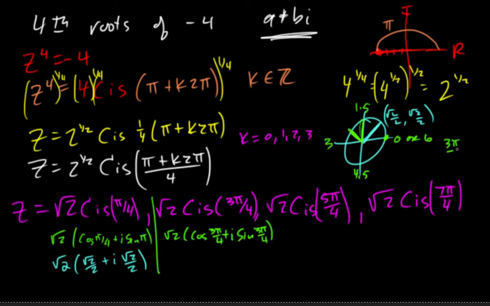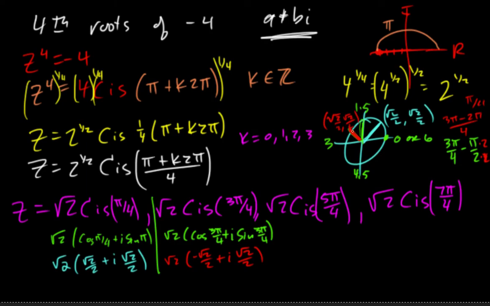So 3 pi fourths minus pi halves, times by 2 times by 2. So 3 pi minus 2 pi over 4, so that is pi fourths. So it's square root of 2 over 2, square root of 2 over 2, but the x value is negative. So this is square root of 2, negative square root of 2 over 2, plus i square root of 2 over 2.